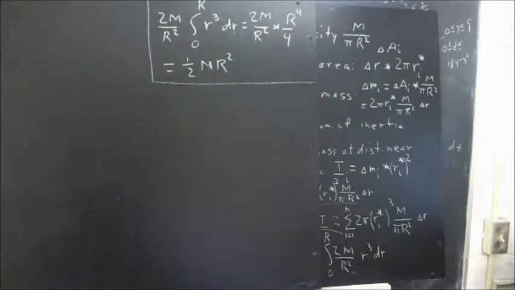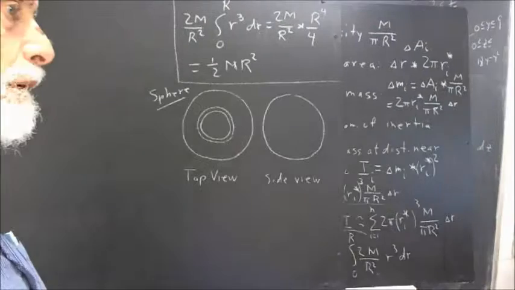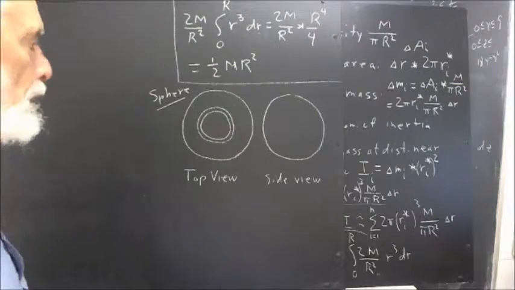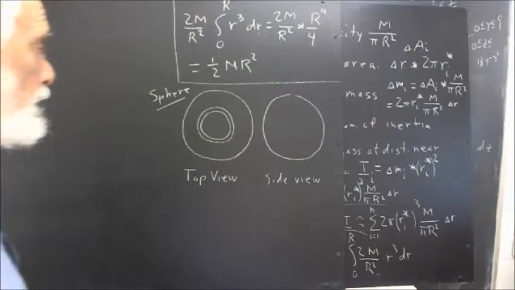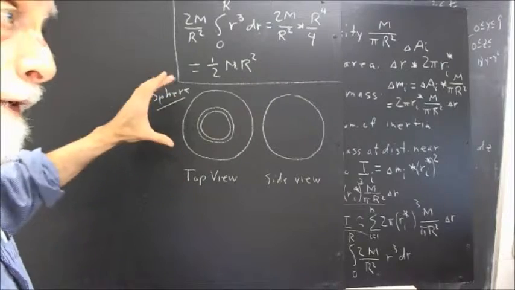Okay? Now we'll talk for just a second about the moment of inertia of a sphere. We can apply the same thinking to a sphere. There's a difference with the sphere, though. A top view of the sphere looks just like a view of the disk.